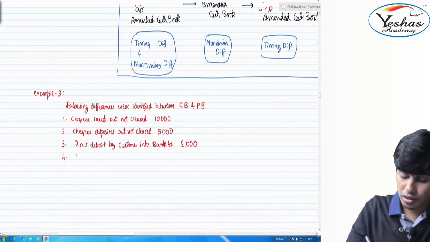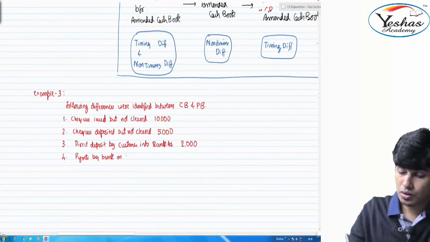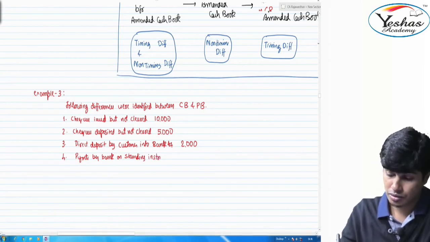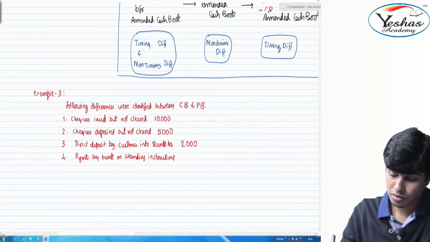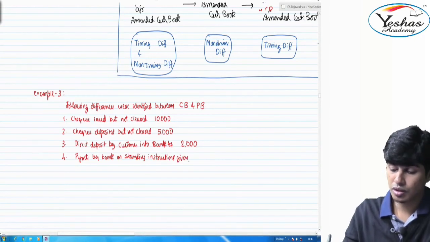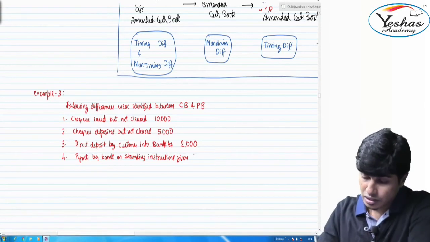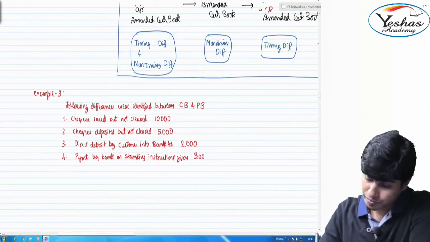Then the fourth one, payments by bank on standing instructions given. Payments made by the bank on the standing instructions given, I'll regard this as some 3,000.